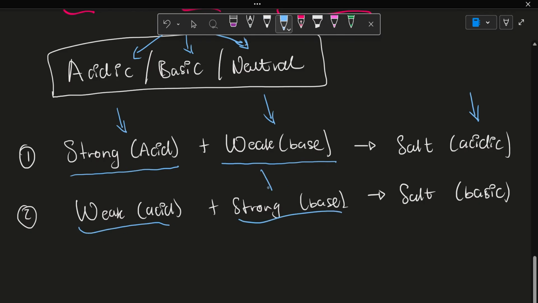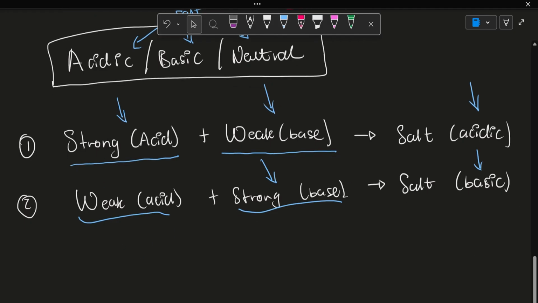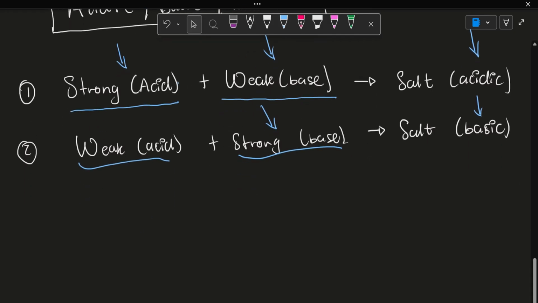The strong guy becomes dominant in the salt. That's why you have a basic salt, because the base was stronger than the acid. So a weak acid and a strong base give us a salt that is basic.